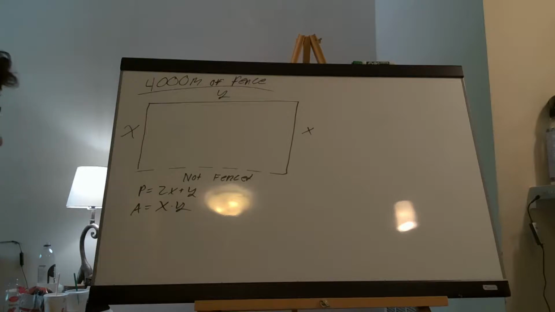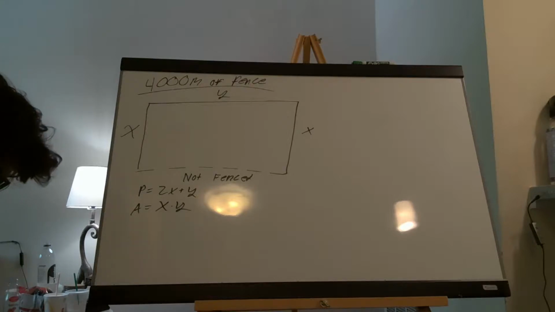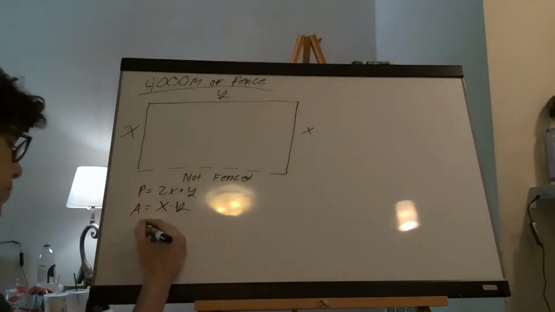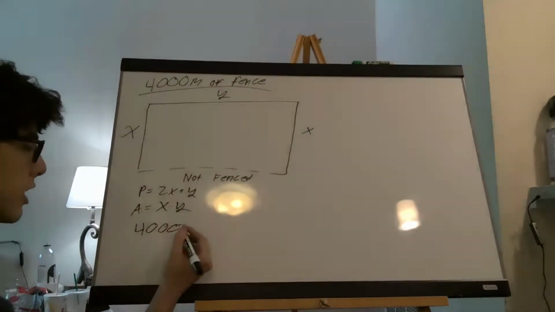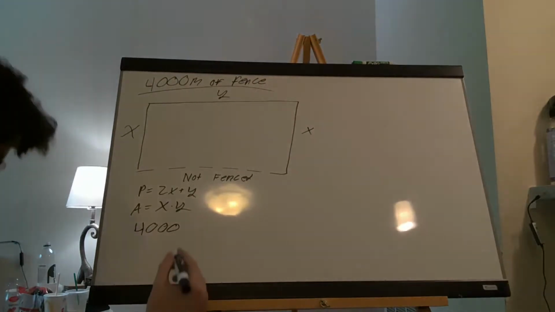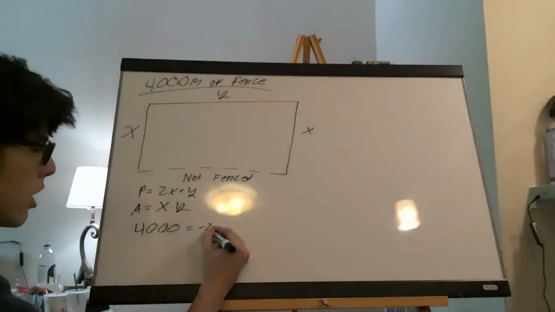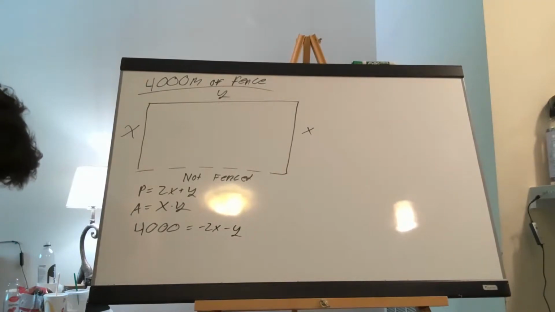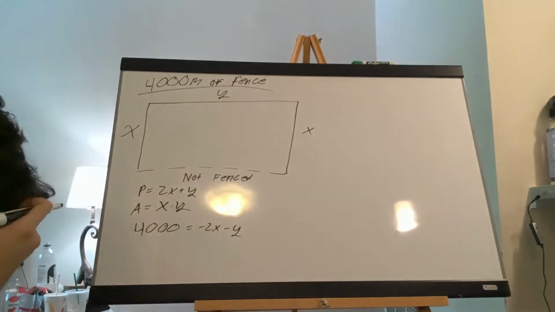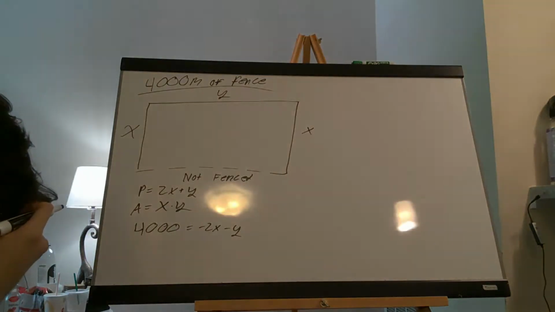So 4,000 meters of fence. By the way, these problems always draw them every single time because you want to think about it, and you can't think about it if you don't draw it. 4,000 equals 2x plus y.